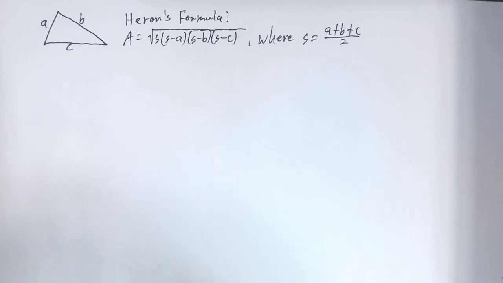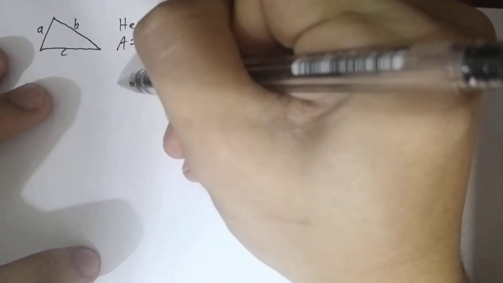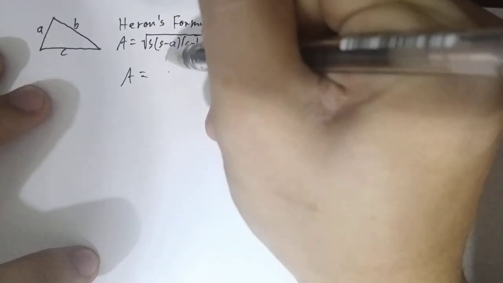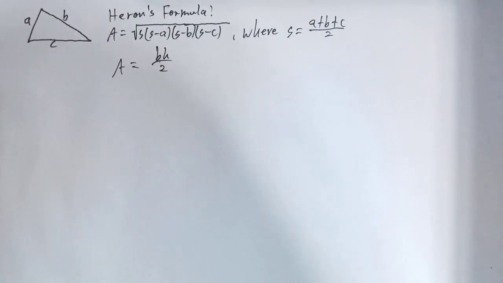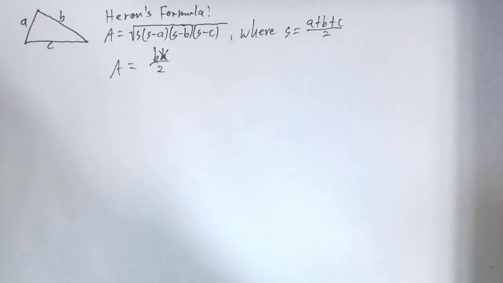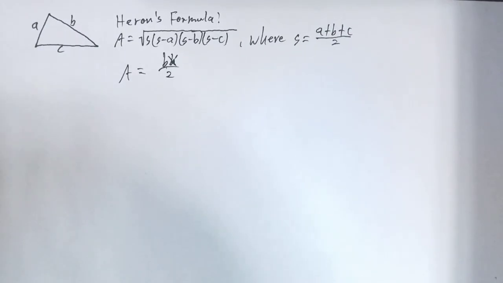Well, if we want to solve for the area of a triangle, usually we use this formula, right? Which is A equals base times height over 2, right? Well, what if we don't know what h is? Or in other words, what if we don't know the height of a triangle?